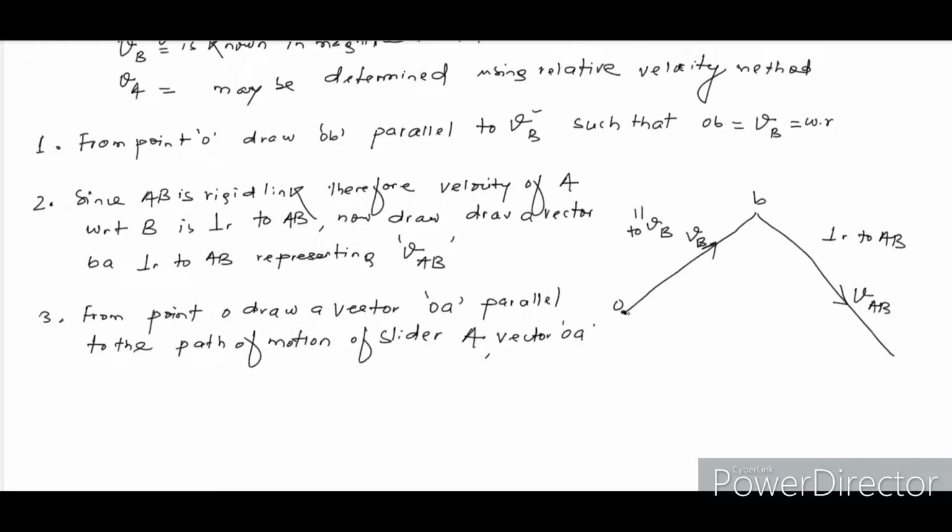So from point o, we draw a line which is parallel to VA, and they will intersect at this point. So this point will be our a.